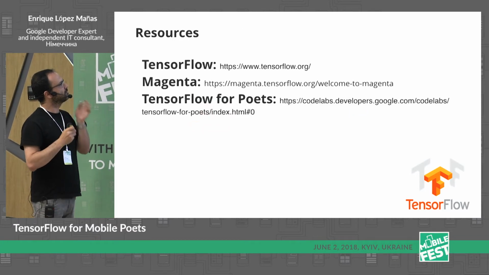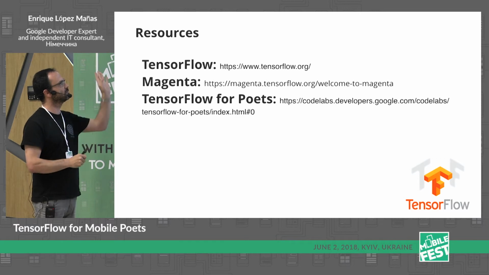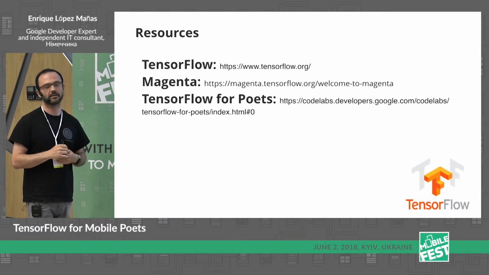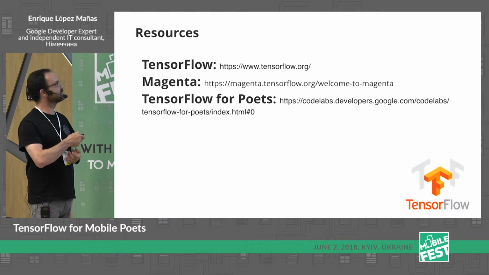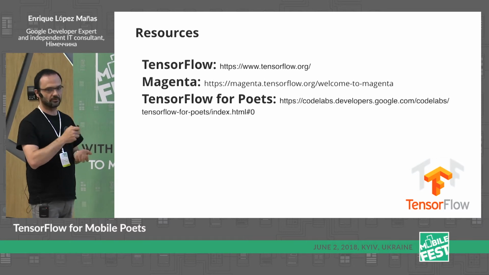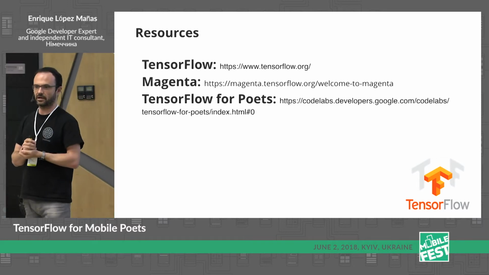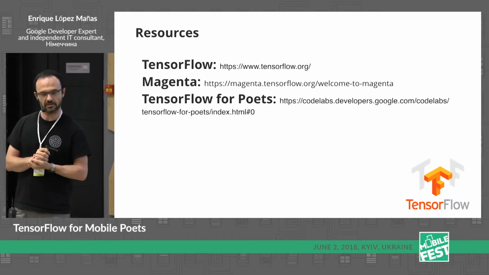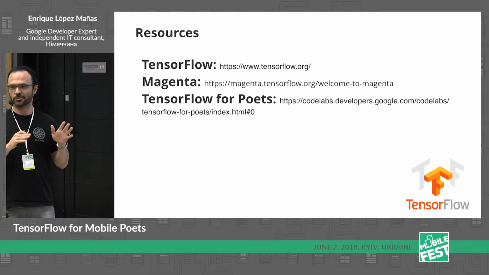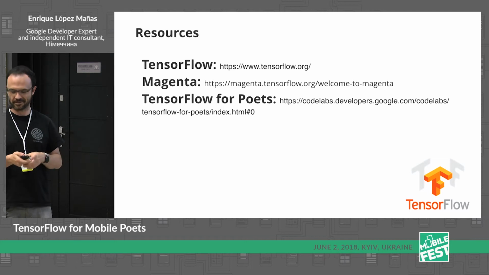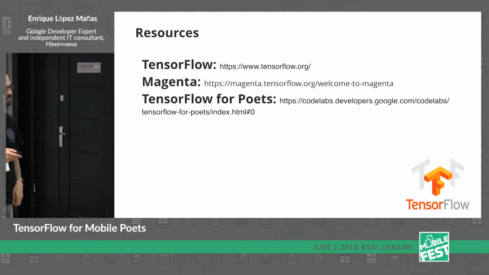So yeah, some final resources. TensorFlow, you can just Google it and find it. Magenta is a very interesting framework. If you have any interest in art or computer-generated art, that's very cool to watch and read. You can spend a lot of time researching, and there are really crazy people doing crazy things.